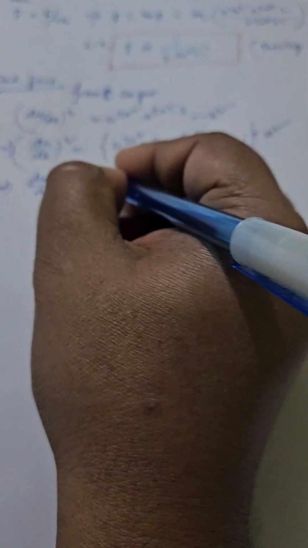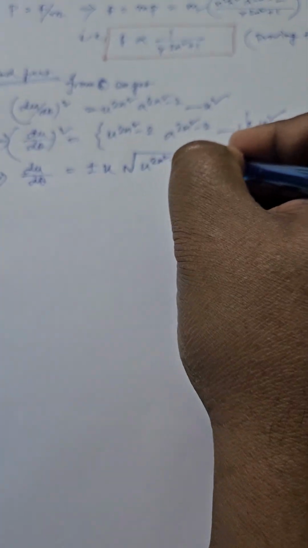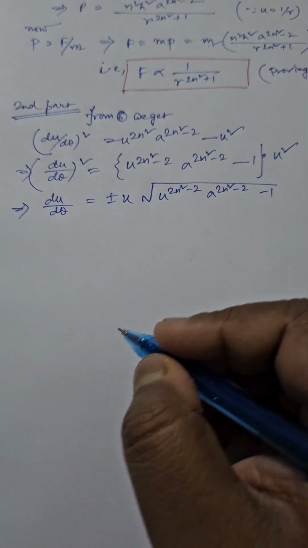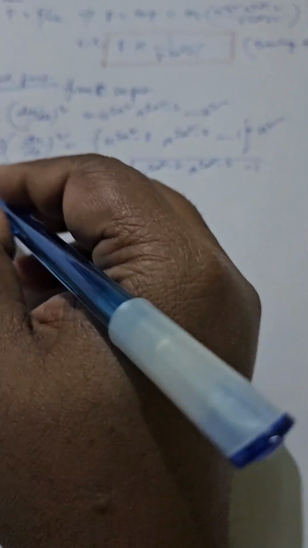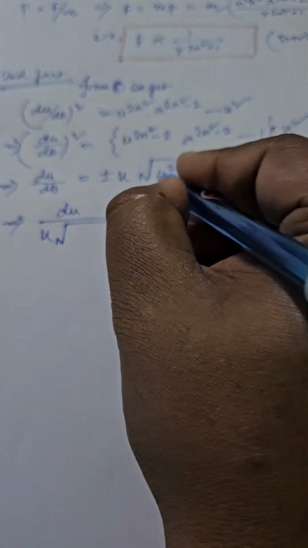So du d theta can be written as plus minus of u multiplied by root over of this expression, that is du d theta in the next line can be adjusted in this way, u into au.